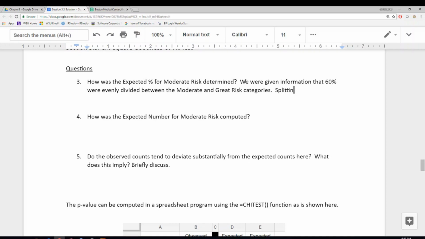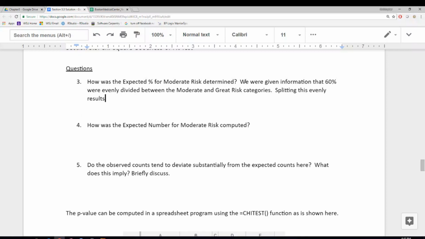Splitting this evenly results in 30% for the moderate group, and I guess 30% for the great group.